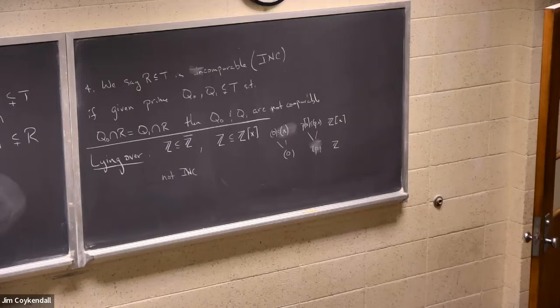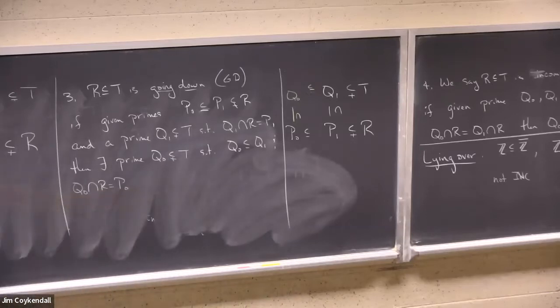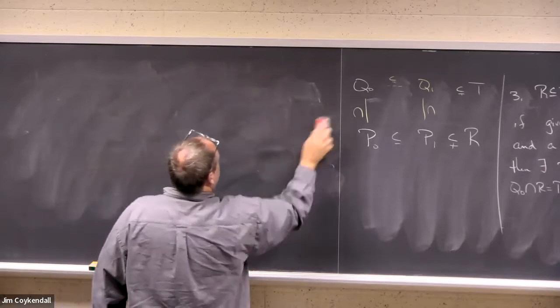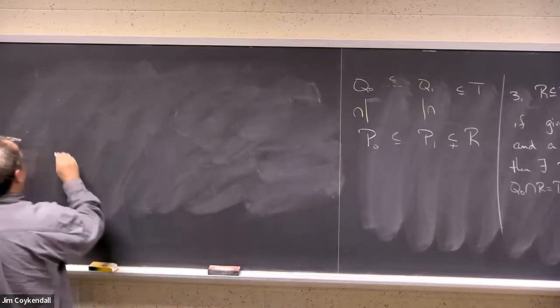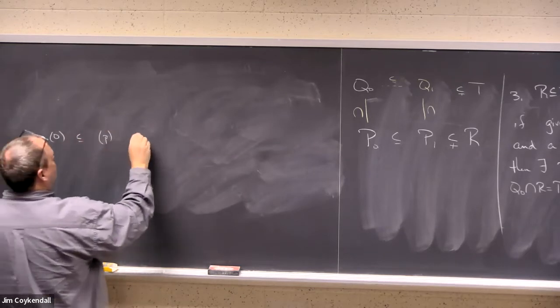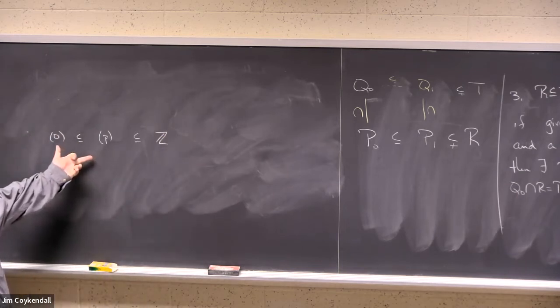So, what kind of change of primes do you have down here? If you look at Z[X], that's really the only thing that's relevant, right?